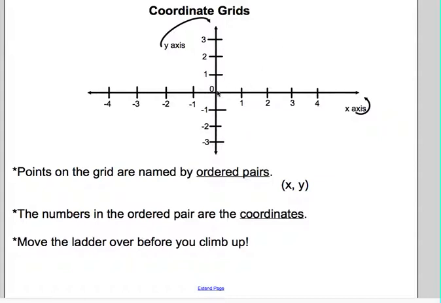You have to walk across the ground first and get into the elevator before the elevator can go up to the right floor. There's also an ancient proverb that can help you remember. It says, you must crawl before you can walk. So if you think about crawling is horizontal and walking is vertical.